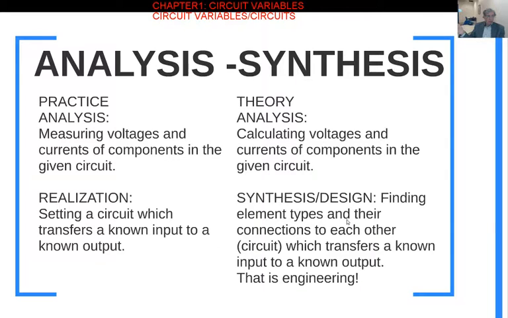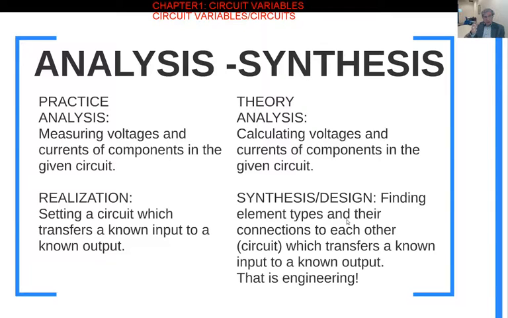So you could try many times these random connections, random selections of the elements, but you cannot reach the TV set within your lifetime period. So that means we cannot do the synthesis in the lab. Sorry, we could do the analysis in the lab.